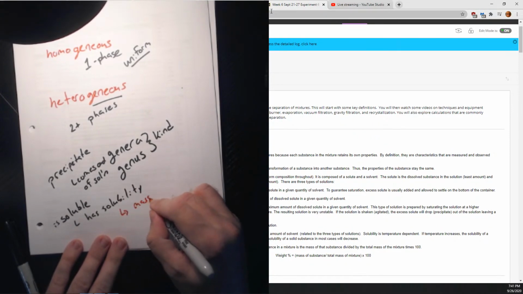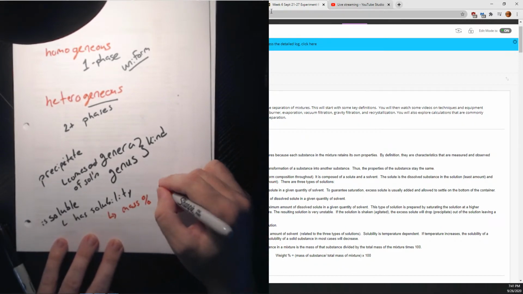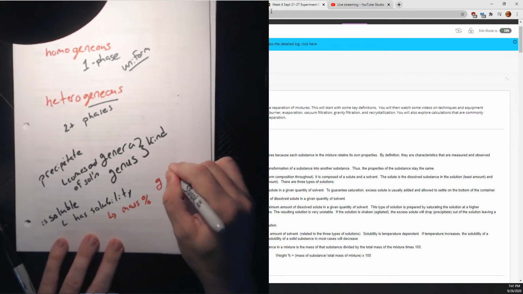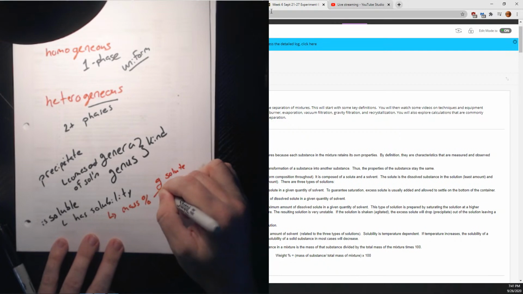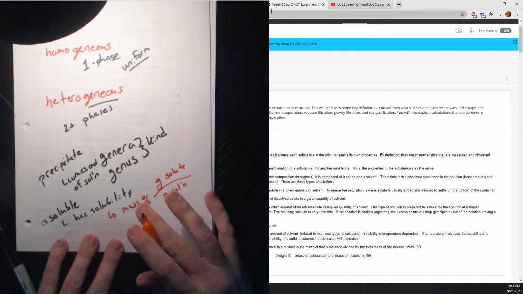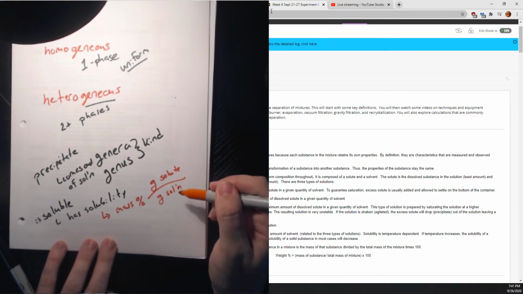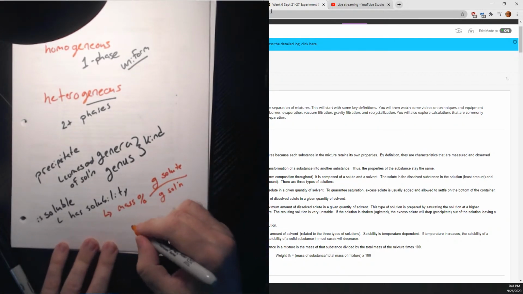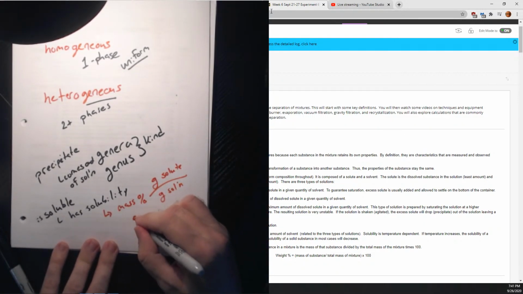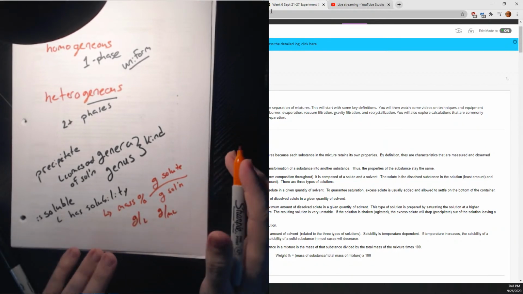Mass percent is a popular form of measuring solubility. Grams of your solute per grams of solution would be a way of measuring your mass percent, because that way the mass of the solute is a fraction of the mass of the total solution. Another way is grams per liter or grams per milliliter, depending on how soluble it is.